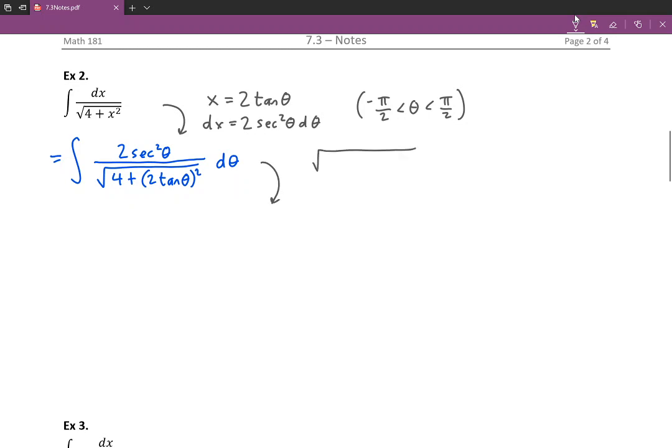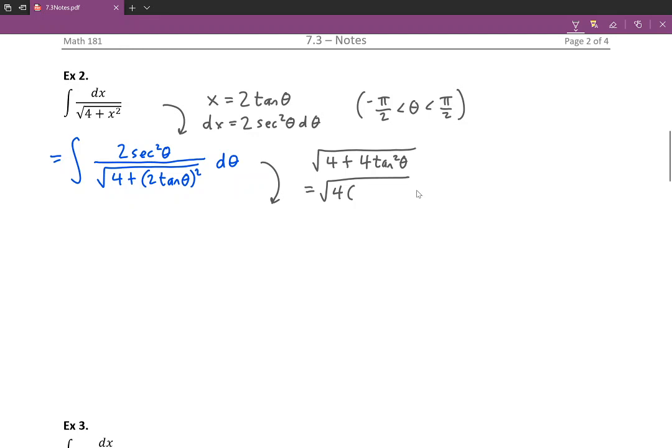We have the square root of 4 plus, and then 2 tangent quantity squared becomes 4 tangent squared theta. We can factor out the 4. That was the whole reason we chose 2, so that when it got squared, it became 4.